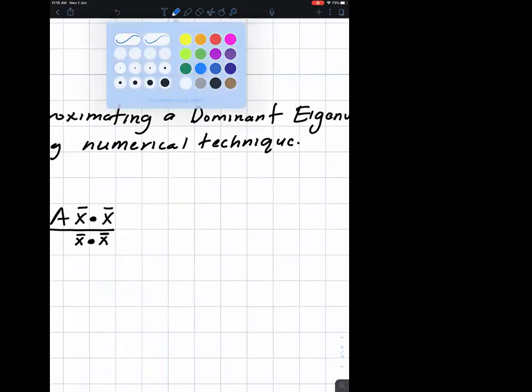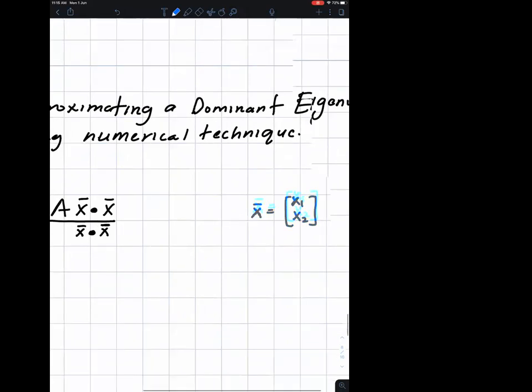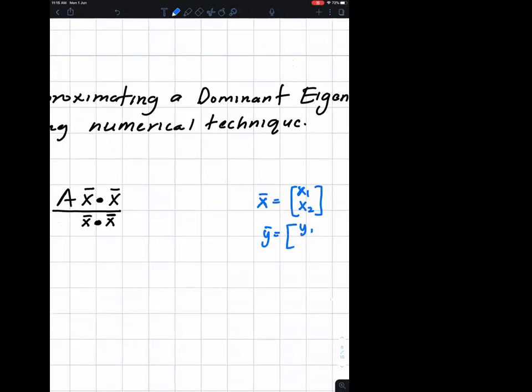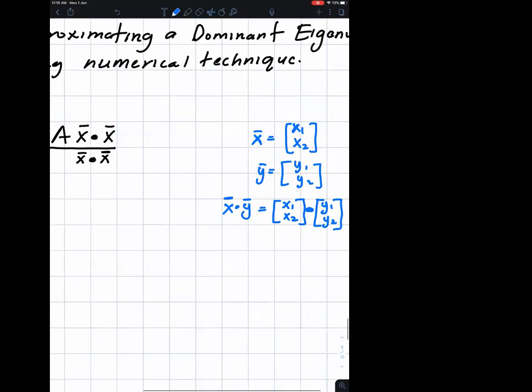For example, when you have two vectors, say a vector X, which has X1 component and X2, and you have Y bar, Y1 and Y2, then matrix X dot product with the matrix Y is going to be x1, x2 dotted with y1, y2.